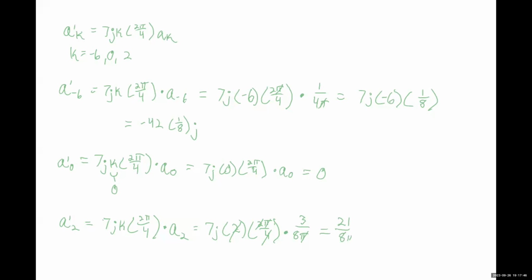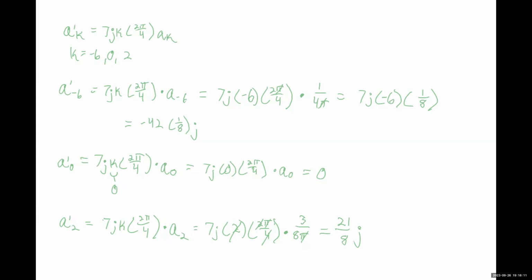Oh, no pi, we already canceled the pi. Apologies. 21 over 8j. Okay. Any questions there? All right.